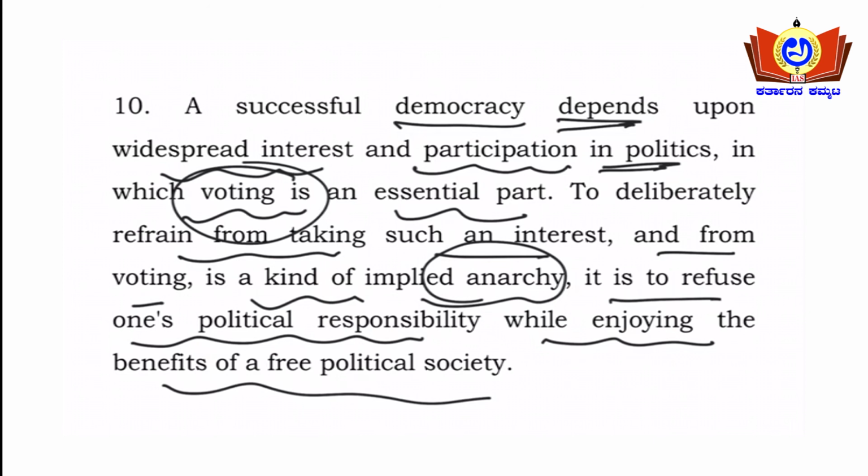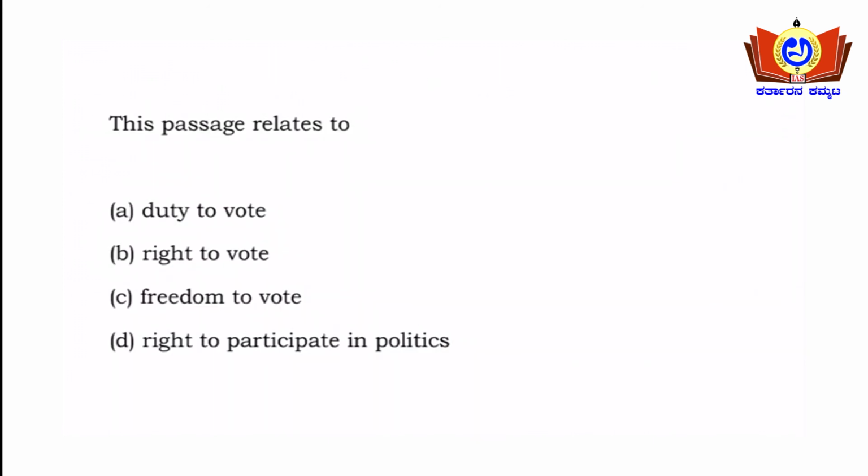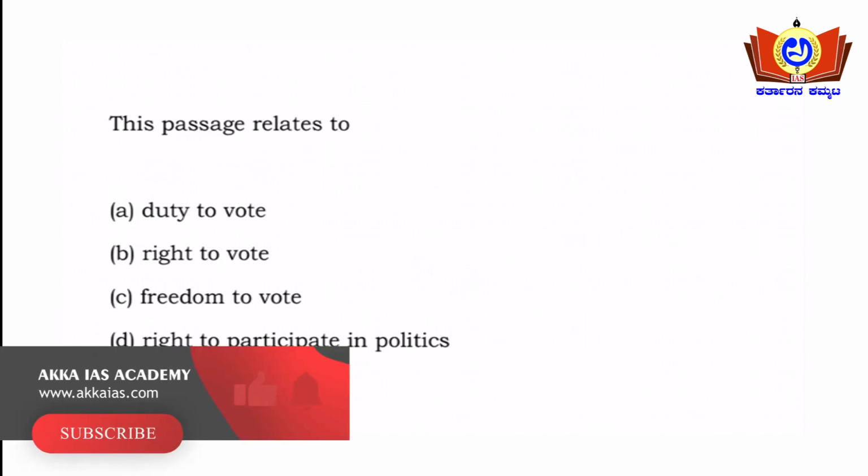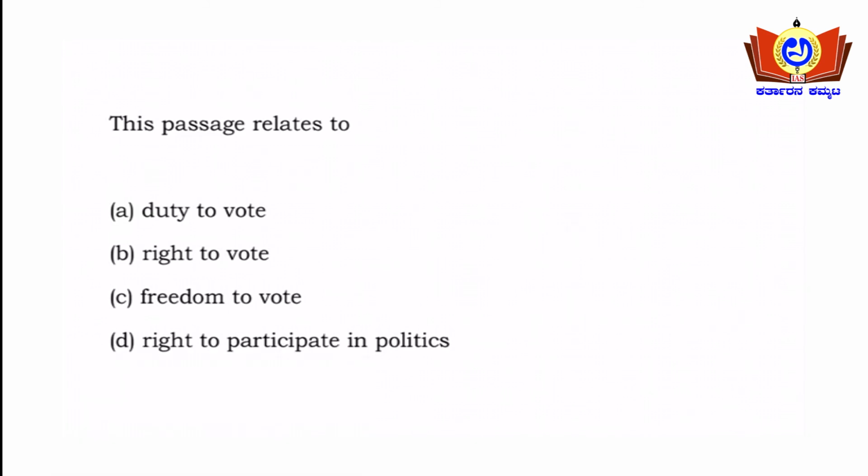So the question is, the passage relates to duty to vote, right to vote, freedom to vote, right to participate in politics. The passage relates more to a duty. Because in the passage we see here, to deliberately refrain from taking such interest.